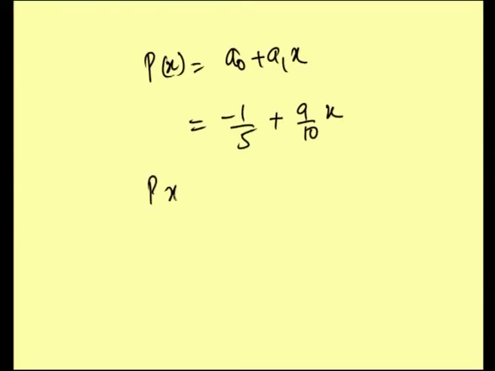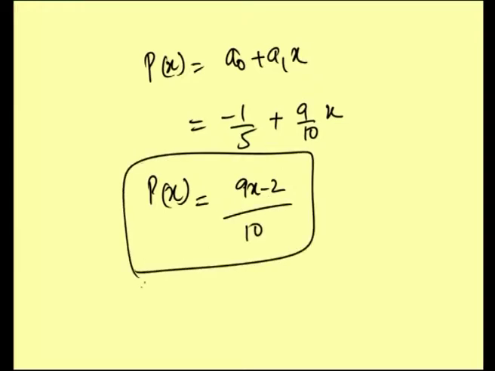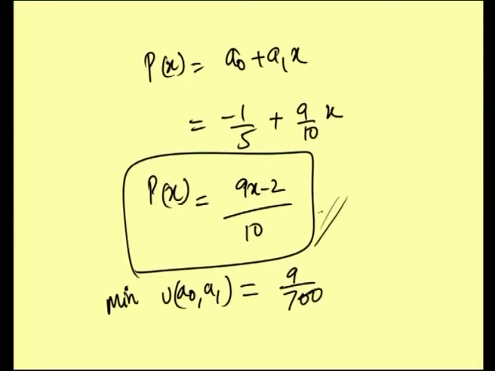So, that is p of x equals 9x minus 2 by 10, and the minimum value of the least squares comes to be equal to the minimum of u. After substituting this a0 and a1 values in u of a0, a1, we get 9 divided by 700. Okay. So, this is the polynomial approximation 9x minus 2 divided by 10 for f of x equal to x cube.